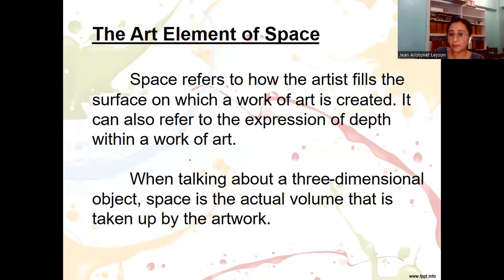Next, we have space. Space refers to how the artist feels the surface on which a work of art is created. It can also refer to the expression of depth within a work of art. When talking about a three-dimensional object, space is the actual volume that is taken up by the artwork.